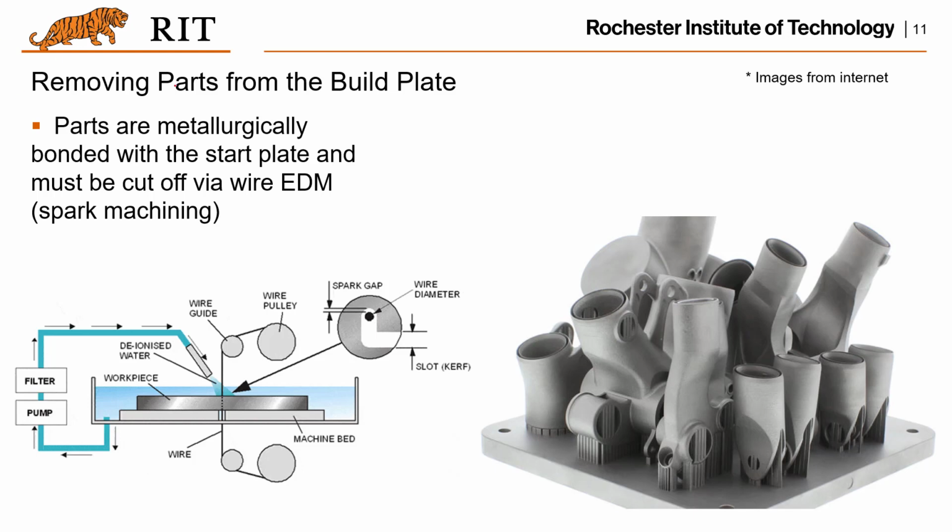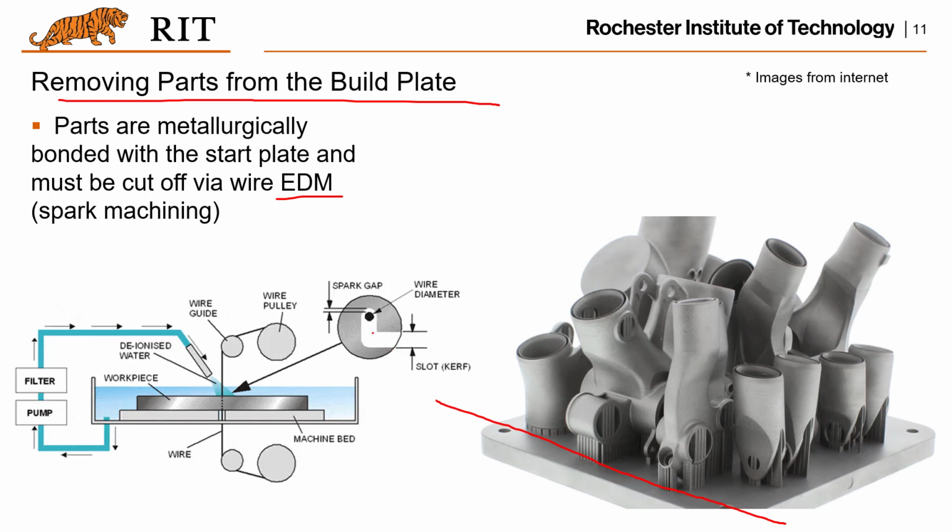So here are some ideas on how to remove the part from the build platform. There's a process called EDM, or the spark machining process. Basically, a very thin wire is used to remove the part from the building platform.